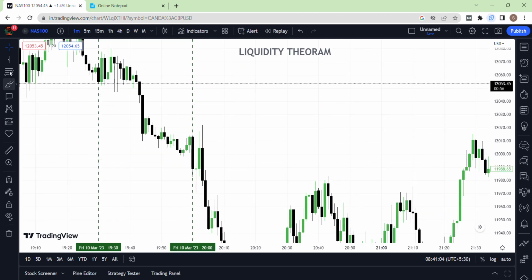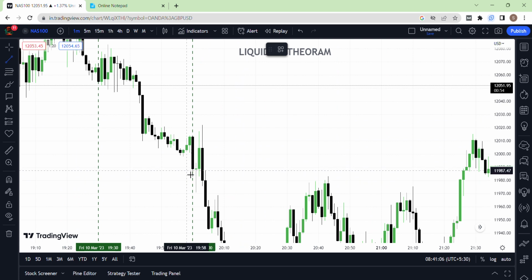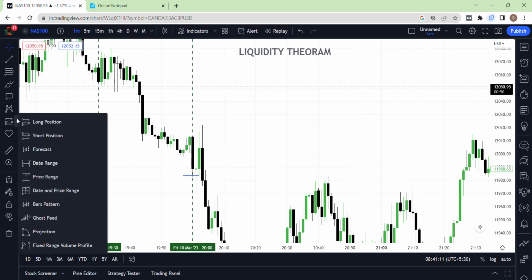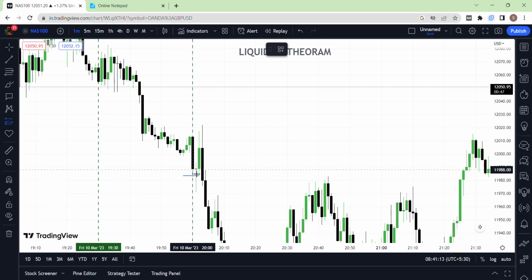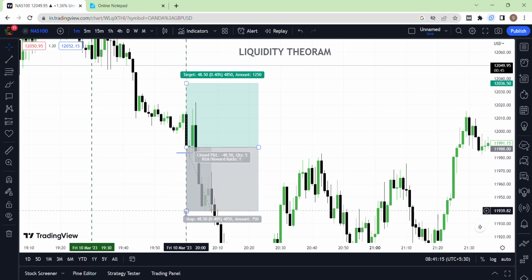This is the low of the candle, and this is your trade. After this dozy candle, this is your trade.